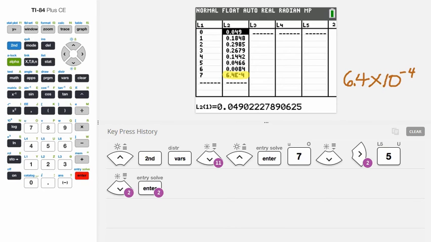What you need to remember is that the letter E means 10 to some power, and the power is the number listed behind the E. So anytime you are writing out your probability distribution, you want to either write your number in scientific notation or you can write it in standard form. Since I have 6.4 times 10 to the negative 4th, that would give me 1, 2, 3 zeros. The 4th place is 6, then my 4. Either one of those numbers is acceptable for your probability distribution table.